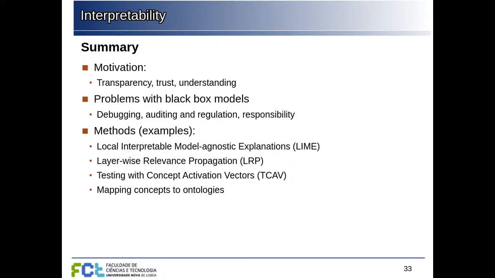And then I gave you some examples of methods. LIME looks at the neighborhood of a particular example and does not care about what the model is doing exactly. It just tries to mimic what the model is doing. LRP is looking for the relevance of the inputs, each individual input, to some decision of the method.